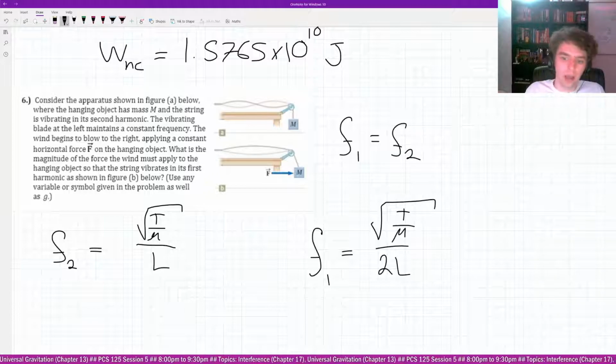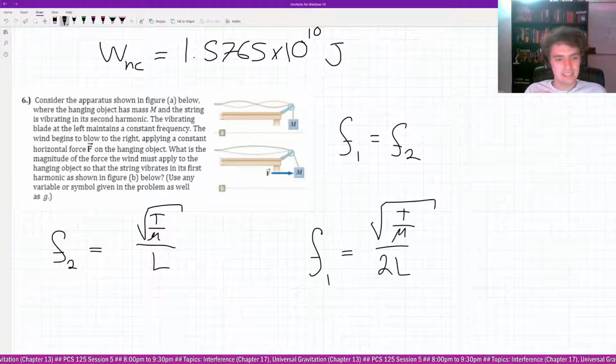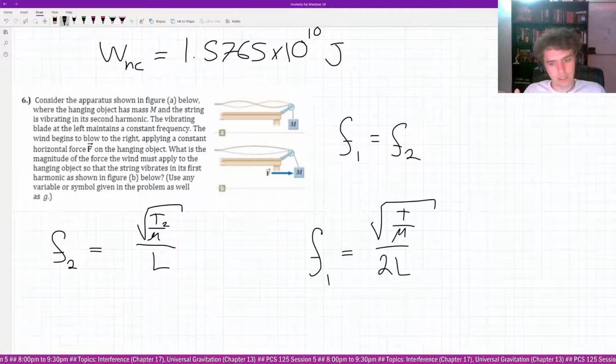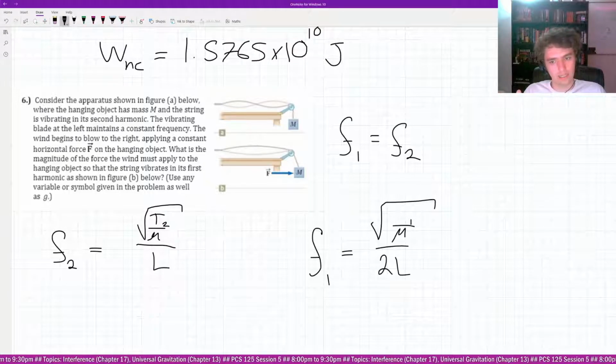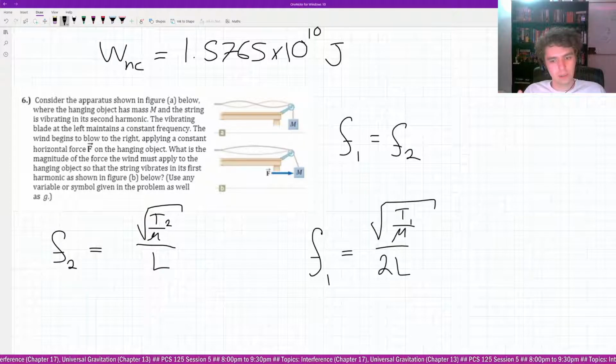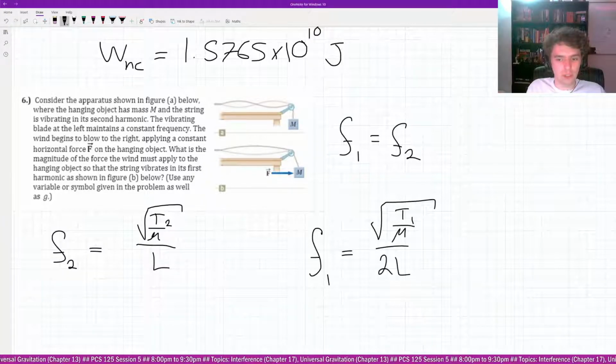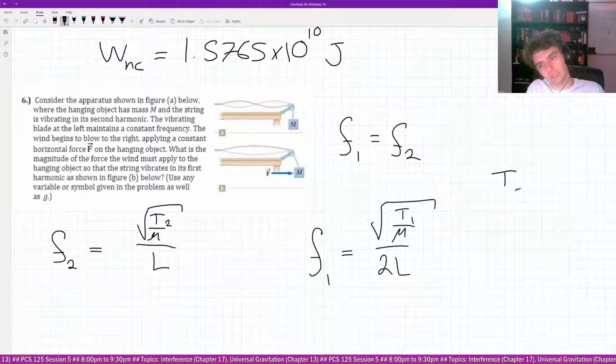I want to know how much stronger that second tension has to be. I don't want to confuse the writing, so I'm going to call it T2, but T1 is the one with the first harmonic, and T2 is the one with the second harmonic. So we want to know how much stronger the tension is in the first harmonic than the second harmonic. So we want to know T1 over T2.